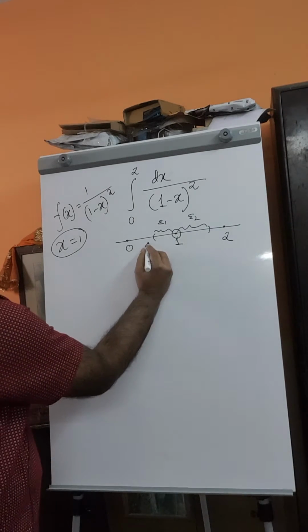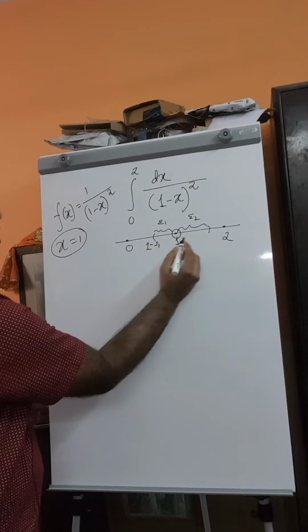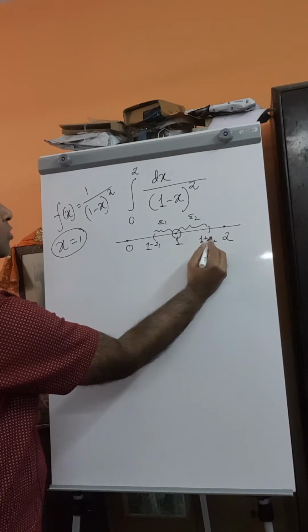So here we have a point 1 minus epsilon 1, and here we have a point 1 plus epsilon 2.